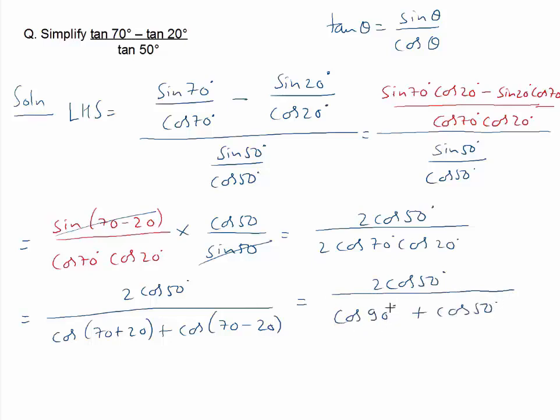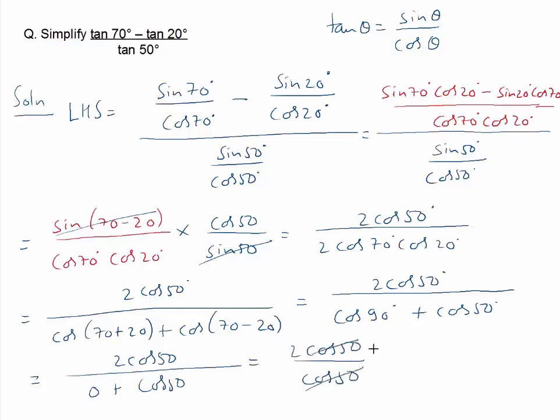Now we know that 90 degrees is a standard angle and cos of 90 degrees is 0. So it would finally become 0 plus cos 50, which gives 2 cos 50 divided by cos 50. So we'll finally get 2. So upon simplification, this is 2.